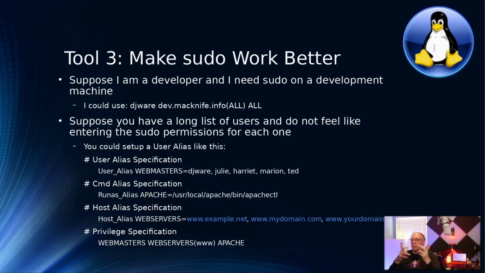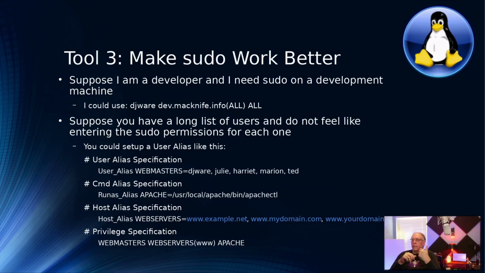That's the construct, so don't leave that out or misspell it. WEBMASTERS is the name of the alias, and then after the equal sign is my list of users that I am assigning to webmasters. All of the webmasters that I have defined are DJWare, Juliet, Harriet, Marion, and Ted. Those are my webmasters that I'm going to assign stuff to.